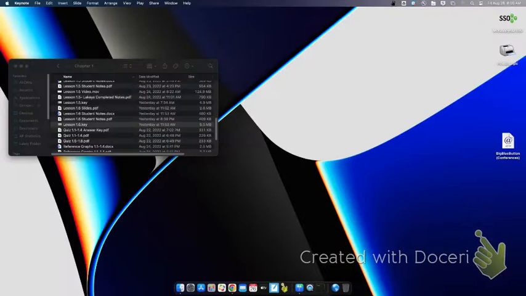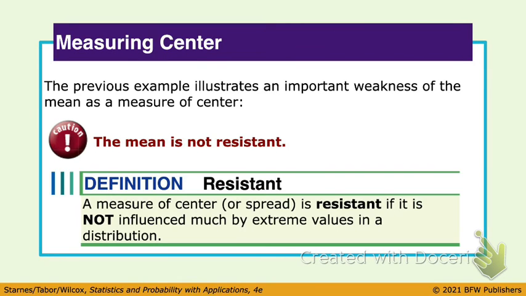So here's the definition of resistance. A measure of center. Now this also is going to be true for measures of spread. So a measure of center or spread is resistant if it is not influenced much by extreme value changes.